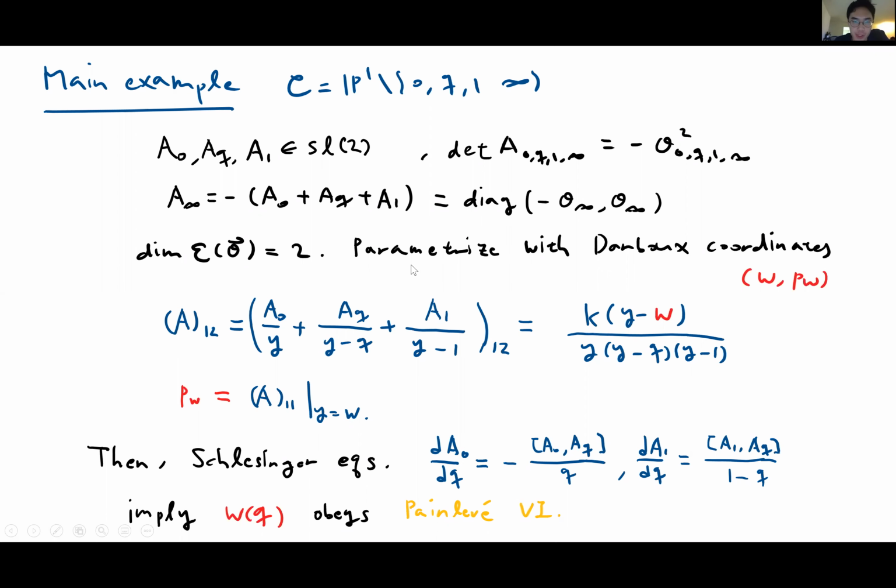We can parameterize the space by certain variable coordinates W and PW, which are defined in the following way.